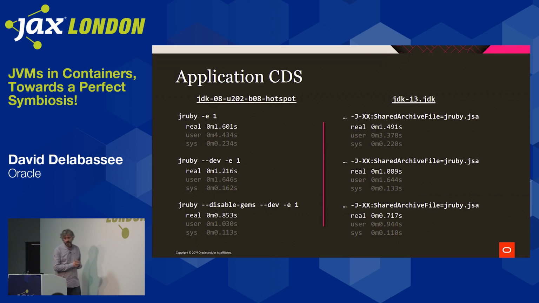Just look, for example, at the bottom. JRuby without CDS: 853 milliseconds. JRuby on 13 with CDS and app CDS: 717 milliseconds. When we're in those ranges, shaving more than 100 milliseconds is a huge win.